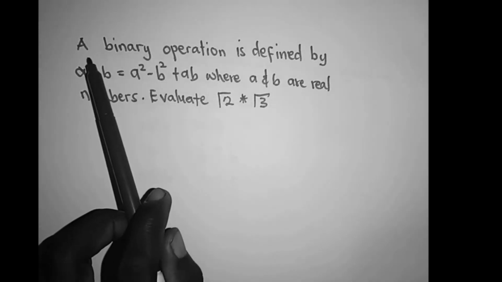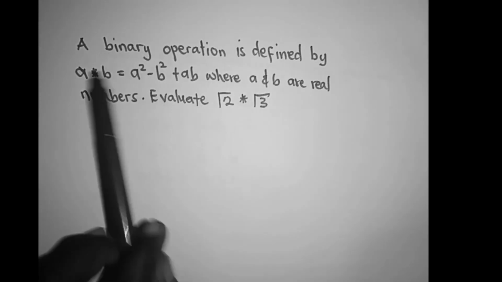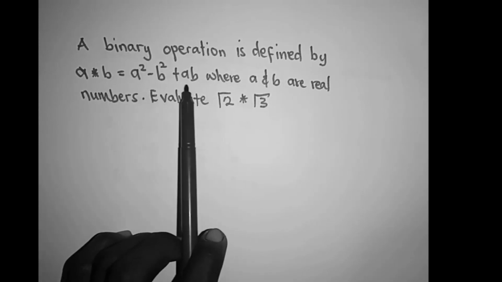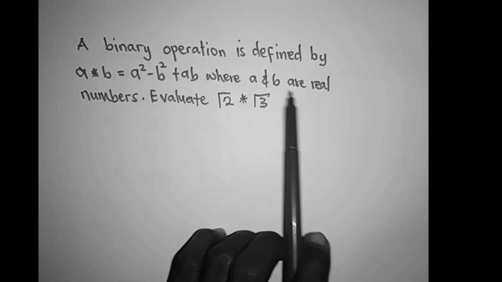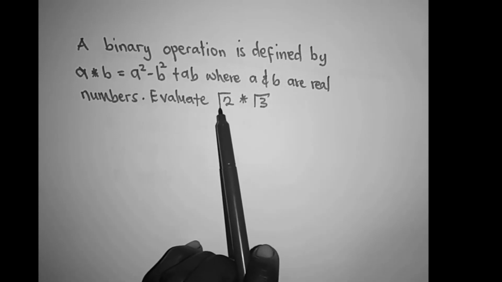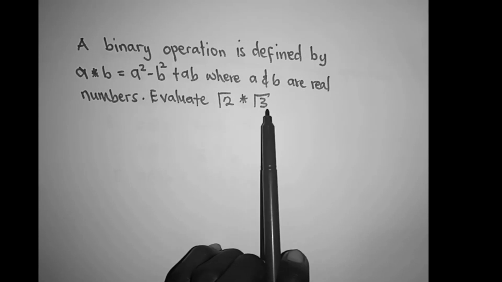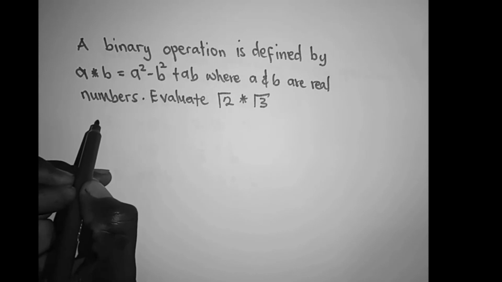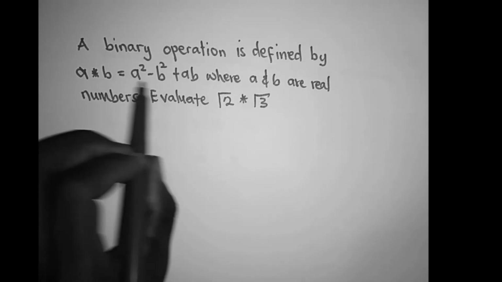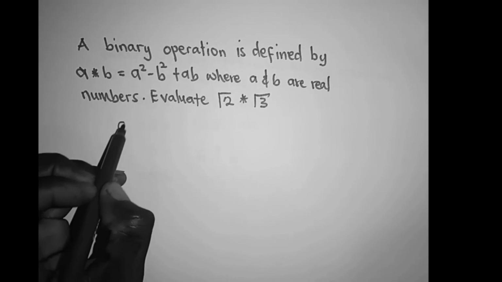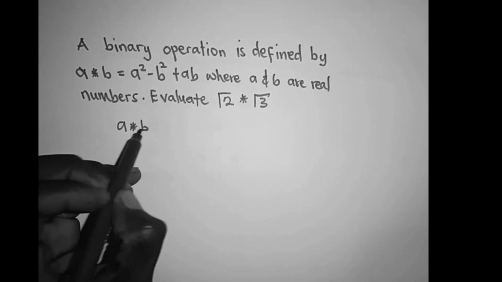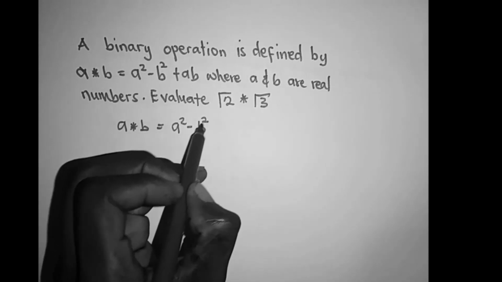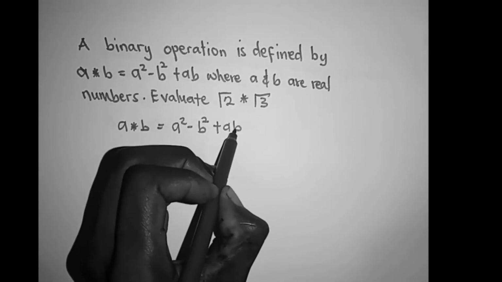So, for example, a binary operation is defined by A operation B equals A squared minus B squared plus AB, where A and B are real numbers. You are supposed to evaluate root 2 operation root 3. So, what will be the result of root 2 operation root 3 under this binary operation? Now, A operation B equals A squared minus B squared plus AB.